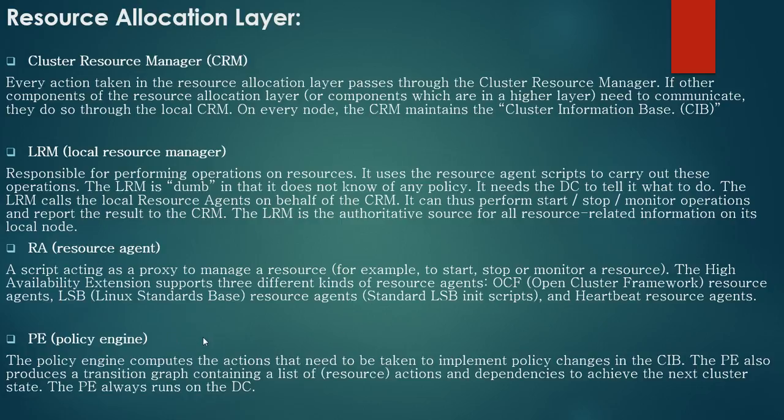One thing to keep in mind is that the policy engine only runs on the designated coordinator, so it doesn't run on the other nodes. Wherever your node is acting as the designated coordinator, the policy engine runs on that system.